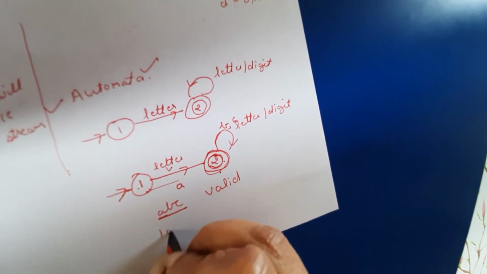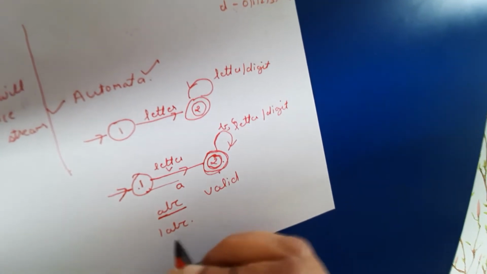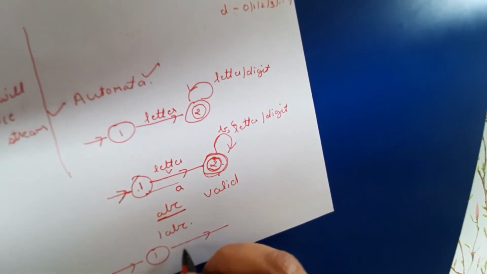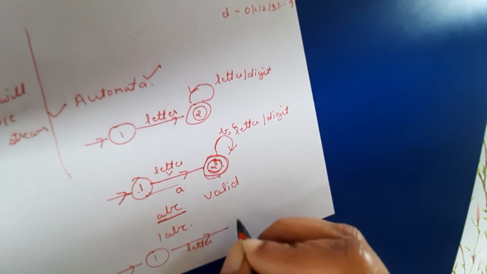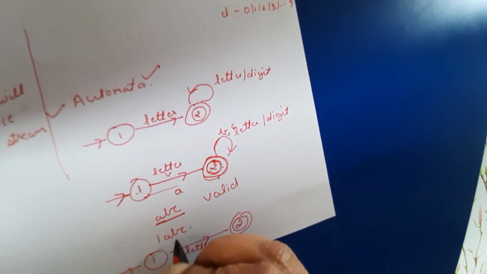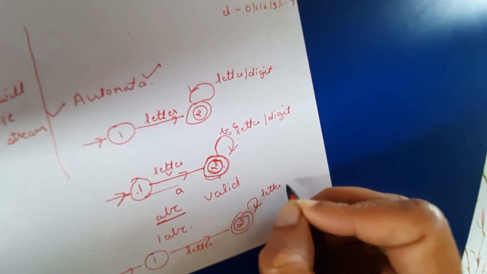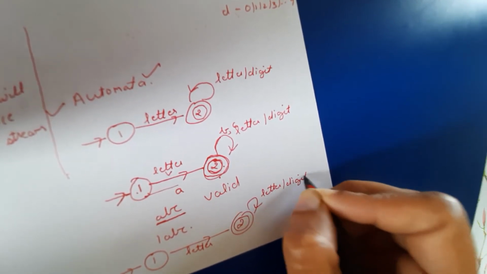What about 1ABC? If I check the validity of this token, this is not a valid token. Why?